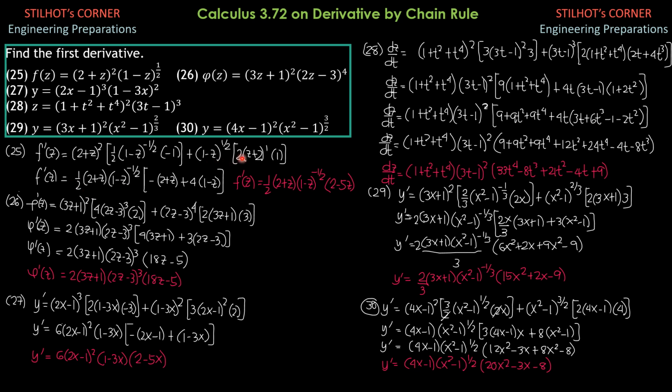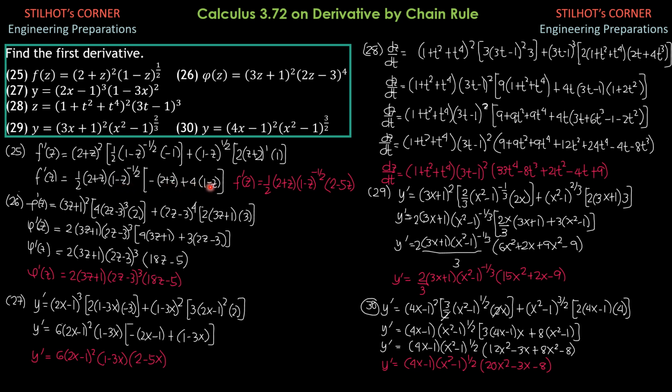Then 1 minus z to the 1, because this is negative 1/2. Of course, 1 minus z to the 1/2 divided by 1 minus z quantity to the negative 1/2 is 1 minus z to the positive 1. So simplifying, we copy this first, 1/2 quantity 2 plus z, then quantity 1 minus z to the negative 1/2.